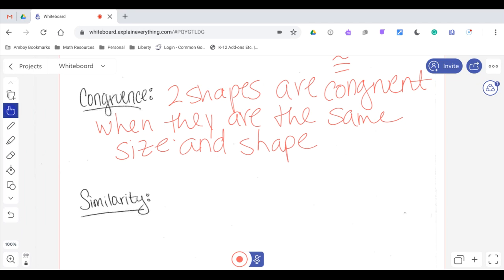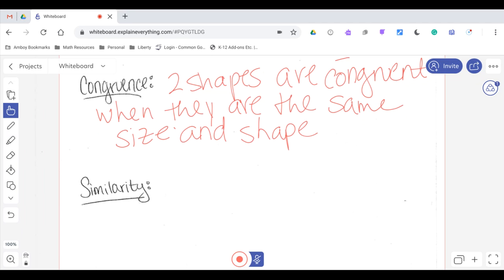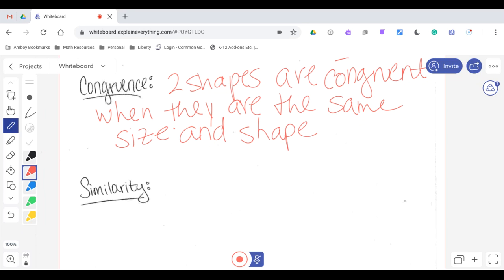Okay. This year, we're going to focus a little bit more on the idea of similarity. Okay, so two shapes are considered similar, which, by the way, there is a symbol for that. It's kind of like the congruent symbol, but it's just the squiggle, no equal sign.